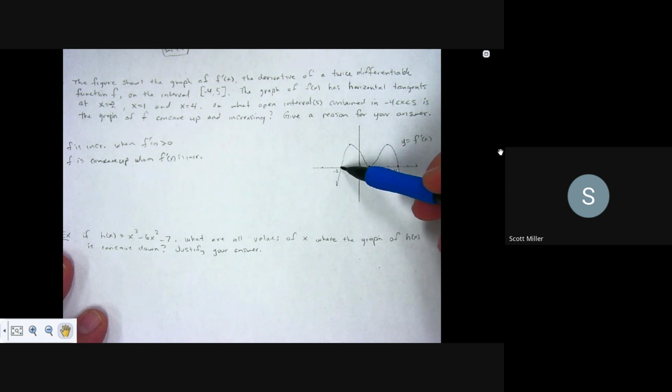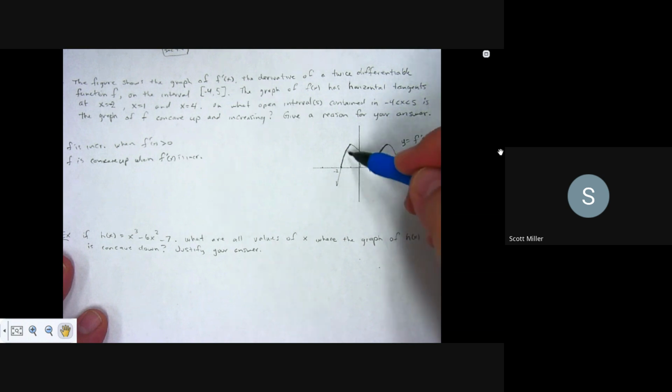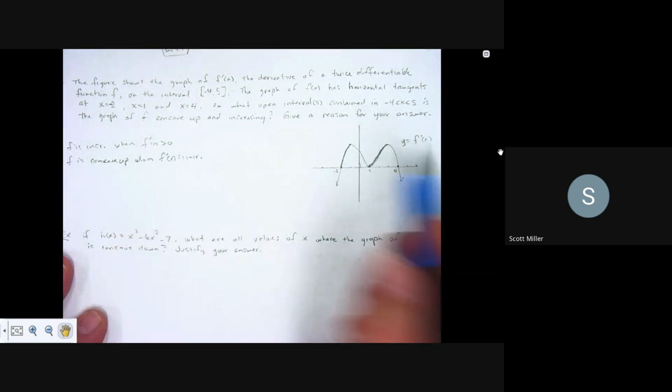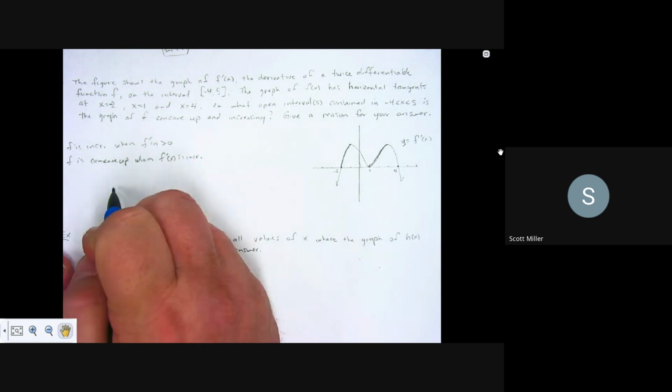Well, it's increasing here. It's decreasing here. It's increasing here. And it's decreasing over here. So I have two intervals where it is increasing. Okay? And so then I can take that and write my answer for this problem.